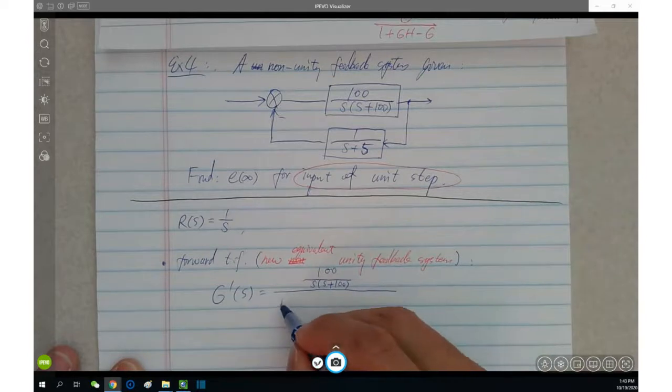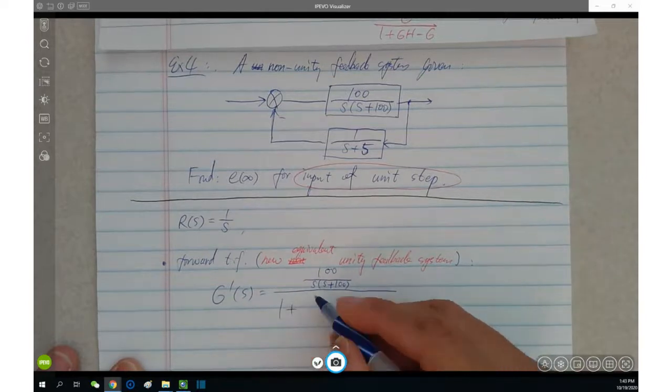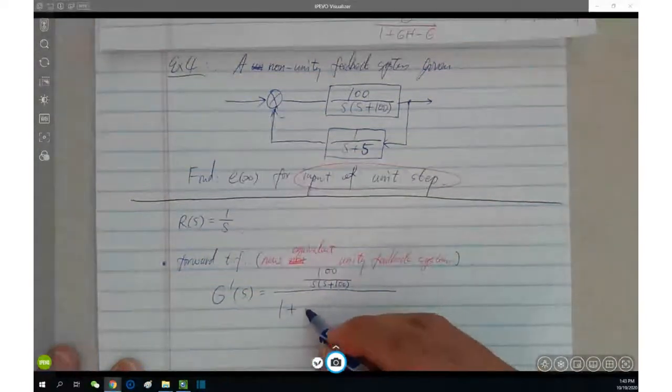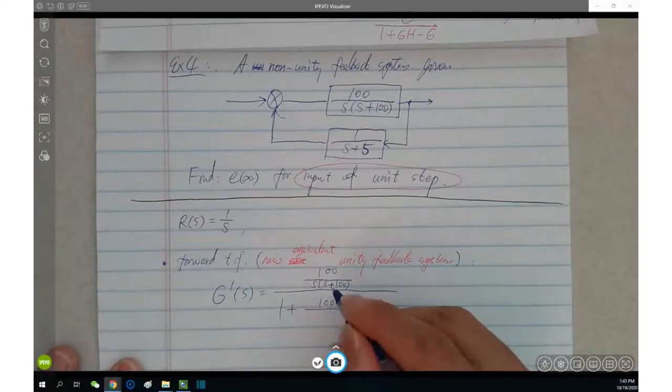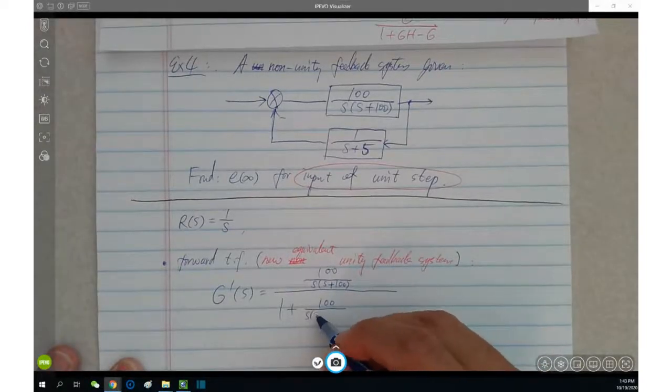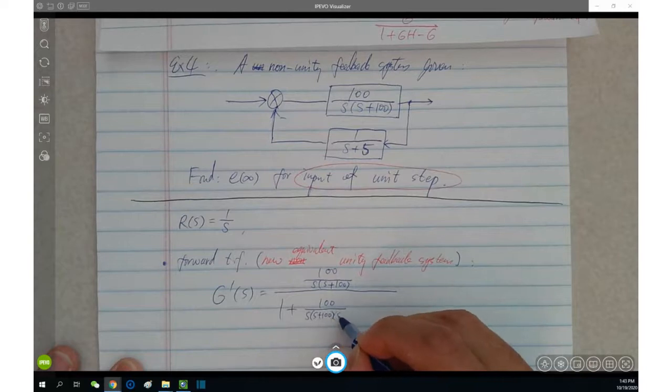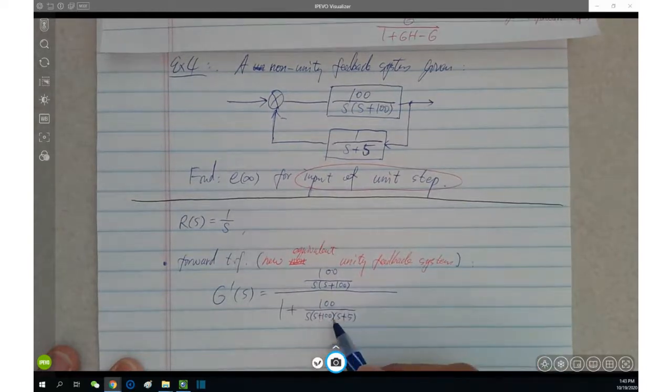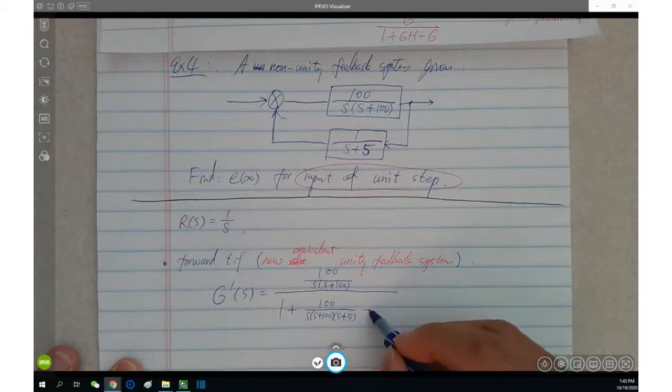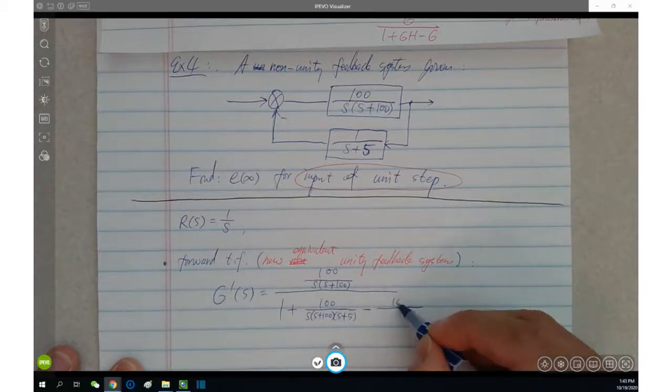Denominator is 1 plus this g times h. What is the result? It's just equal to 100 over s plus 5. This is g times h. Okay? And the minus g. Well, minus g is minus 100 over s times s plus 100.